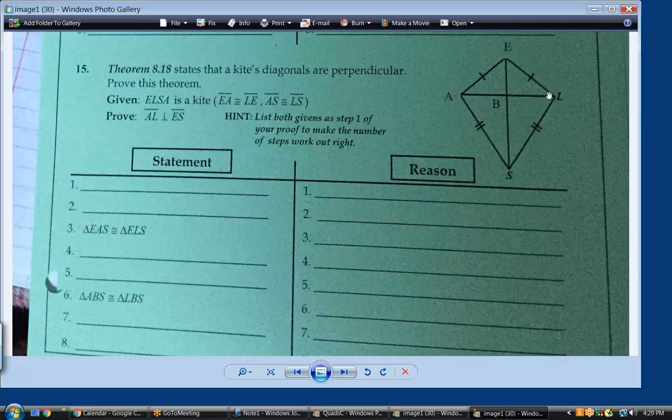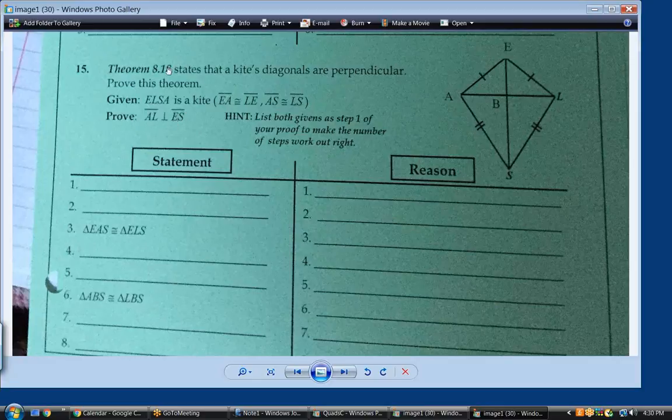And it actually wants you to prove that. Wow. Oh, okay. In other words, what you're proving is theorem 818. I was going to say, if that's all we have to prove, then we can say it's a kite, therefore that is perpendicular to that, 2 steps.